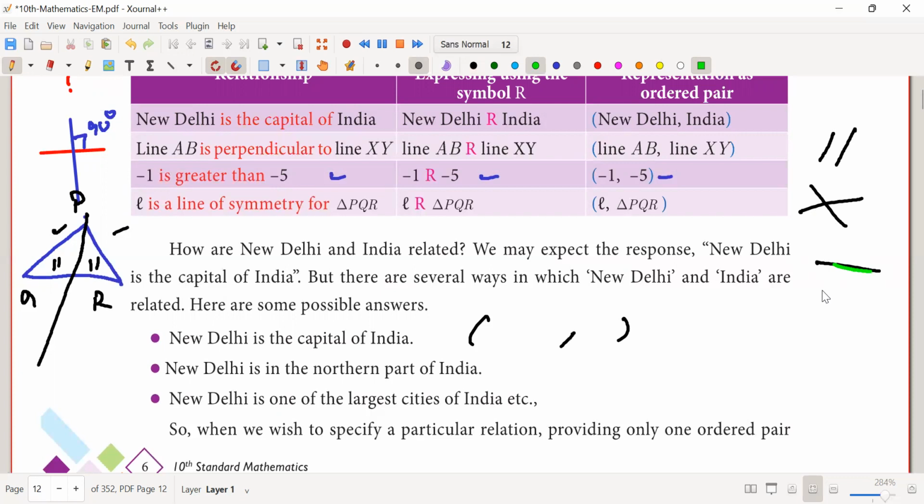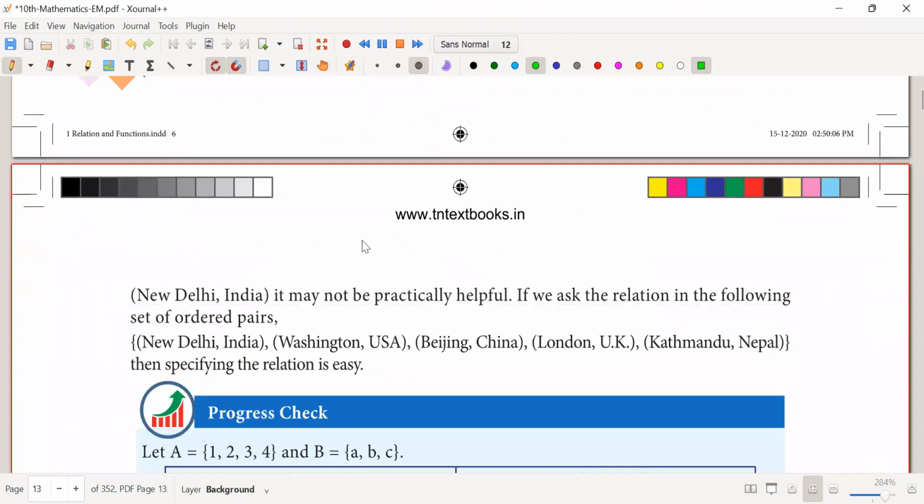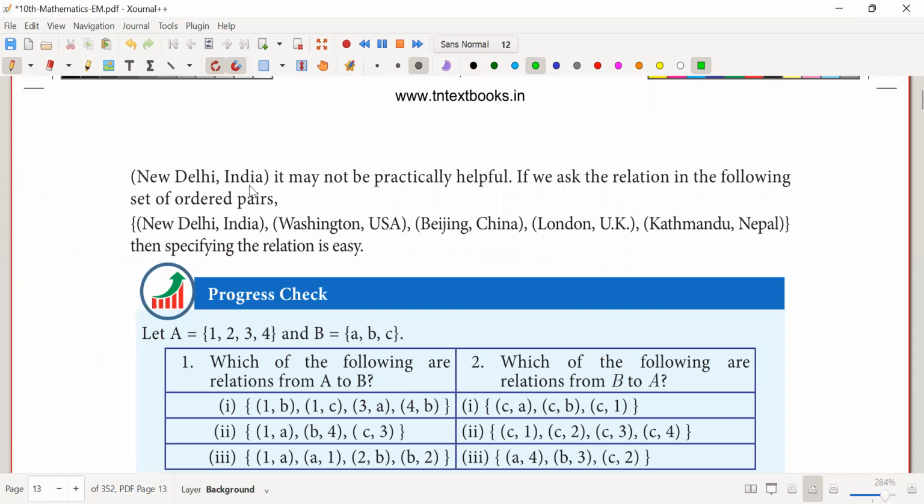Like this, we can relate in any number of ways, so we have to be specific about what the relation is. Likewise, New Delhi, India may not be practically helpful, so we give the relation as the following set of ordered pairs: New Delhi, India.